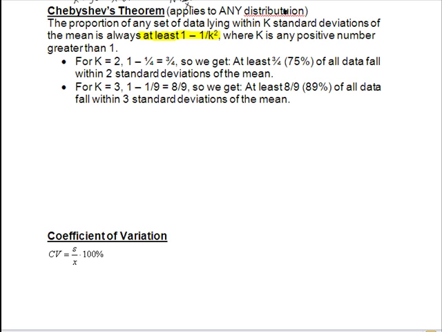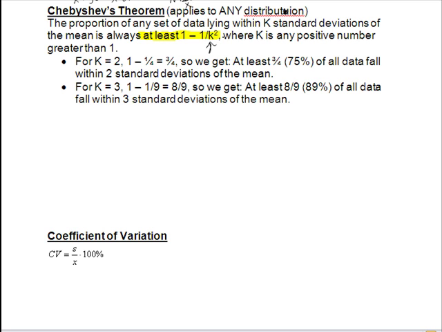For k equal to 3, we'd plug in 3 in our formula up here, and we get 1 over 3 squared, which is 1/9. So for k equal to 3, 1 minus 1/9, or 8/9, that means at least 8/9, or 89% of all data, fall within 3 standard deviations of the mean.